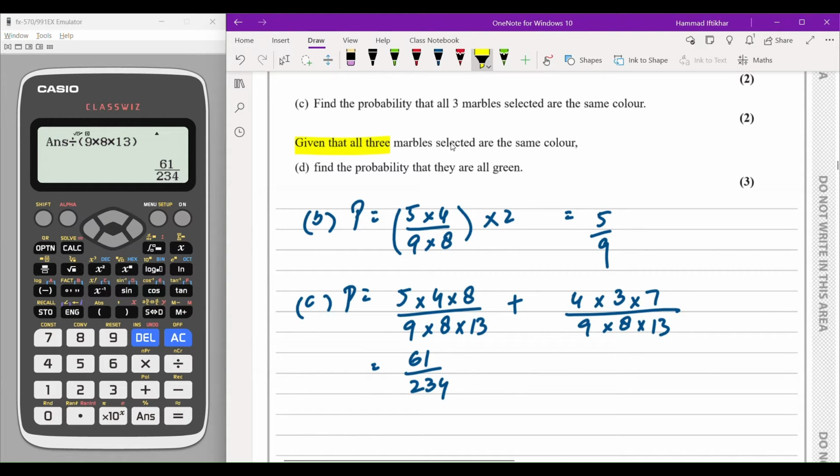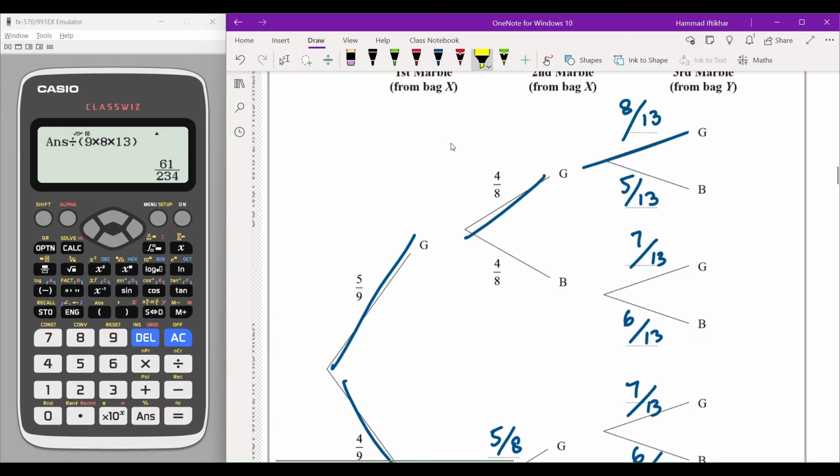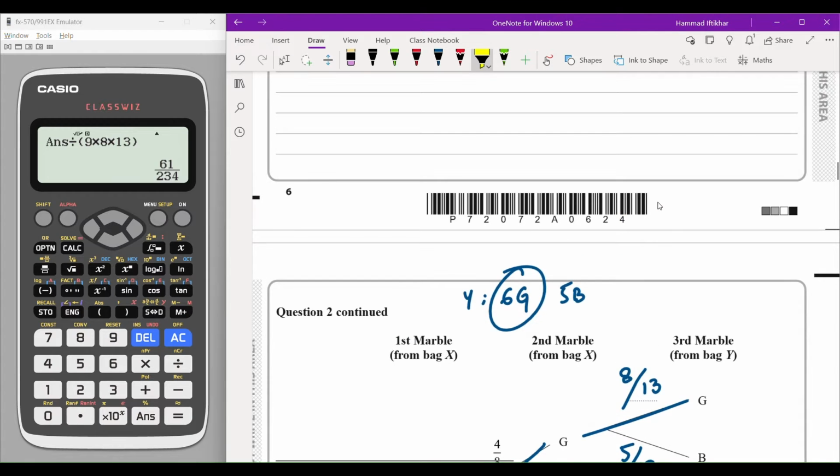Given that all the 3 marbles selected are the same color, find the probability that they are all green. Okay, so out of these cases over here, we just have to select all the green. So probability of all the green divided by the total same color.